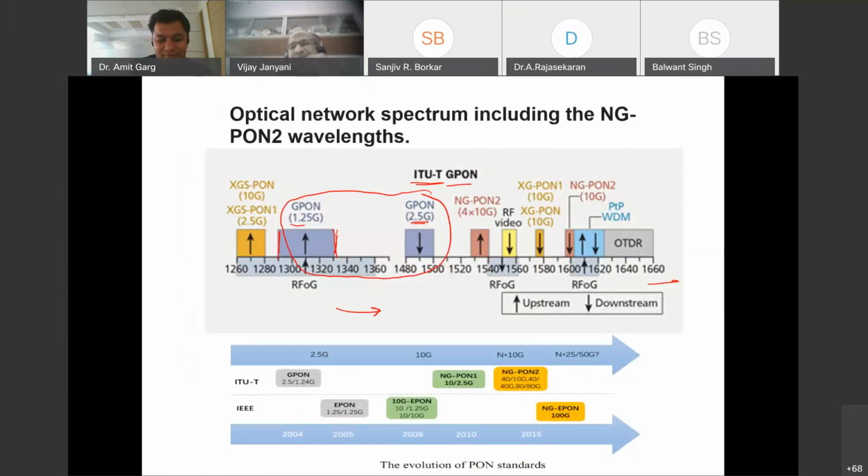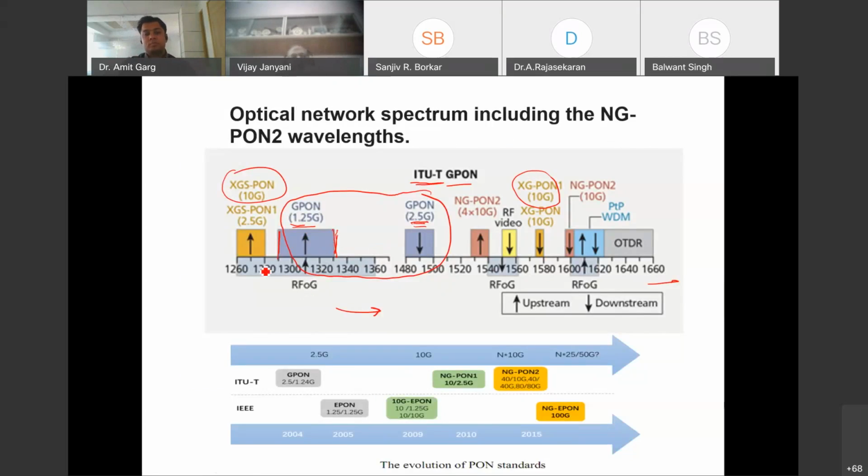Anyway, let's continue. So this was normal GPON, 1.25G and 2.5G, and these were the range of upstream and downstream. Then there was XG-PON and XGS-PON, that is symmetrical.